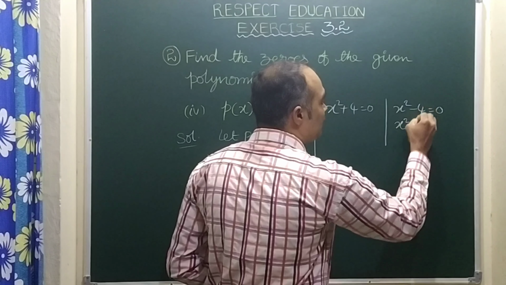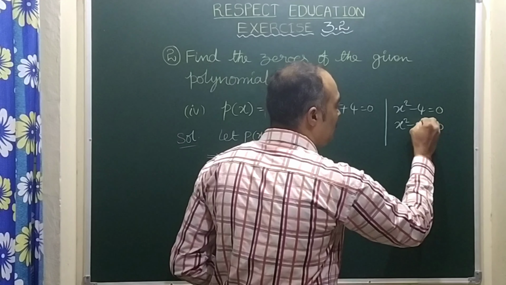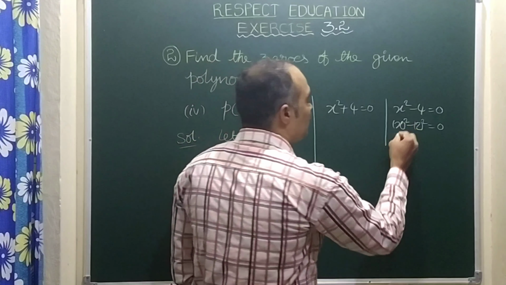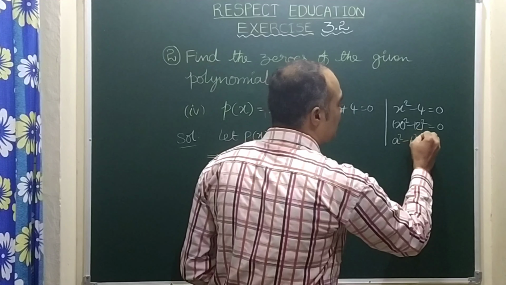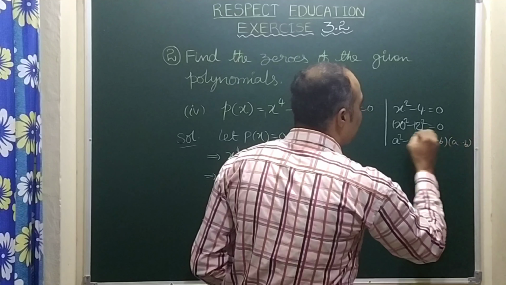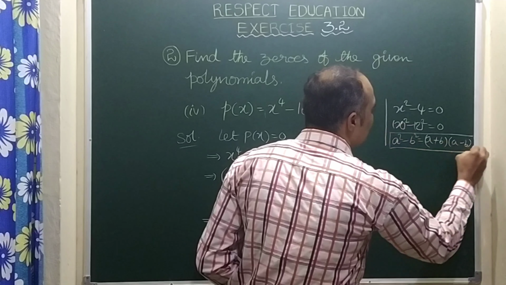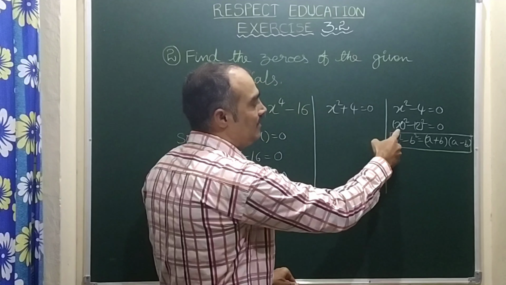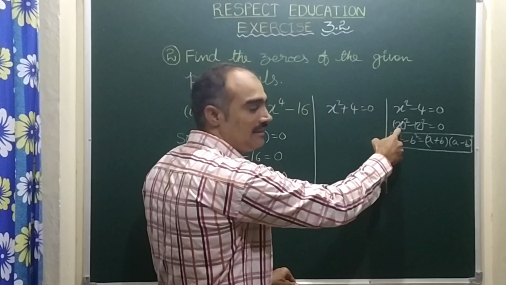X square minus 4 can be written as 2 square equal to 0. So here let us maintain the bracket to compare with the formula. So here the formula again a square minus b square, whose formula is a plus b into a minus b. So here a means x. See here inside the bracket x is there, that is a.